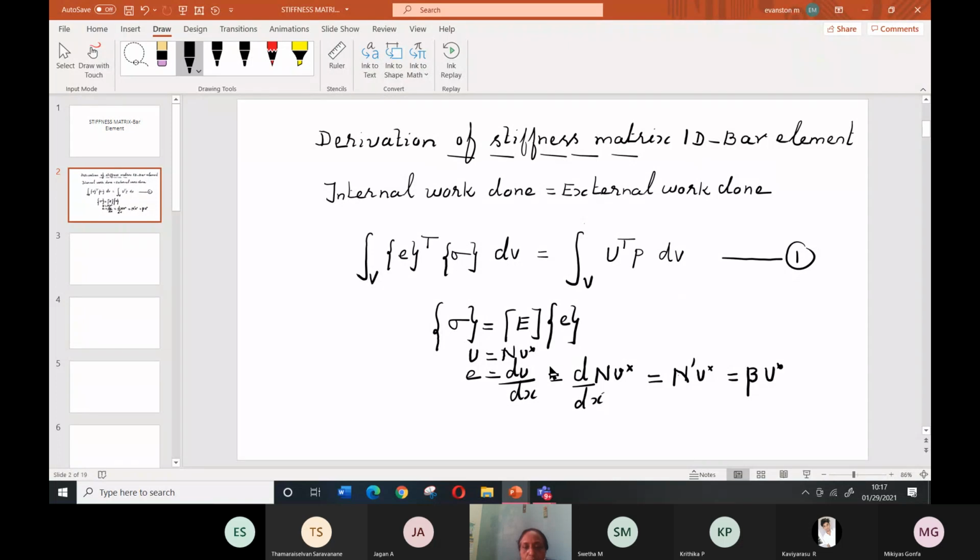This also note it down. Now you know the value of E. Let us take this as equation 2, this is equation 3, and this is equation number 4.